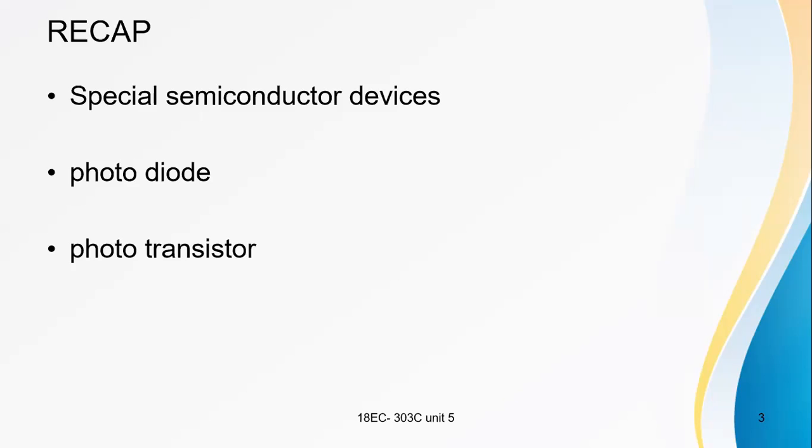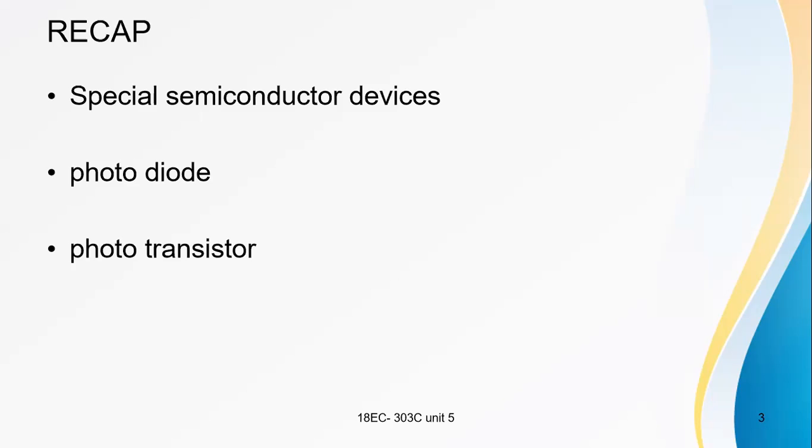And the next one is the phototransistor. What is a phototransistor? It is a type of transistor. It is almost similar to the conventional transistor. Here also it has three terminals: emitter, base, collector. But the difference between this phototransistor and the conventional transistor is that there is no electrical connection at the base terminal.